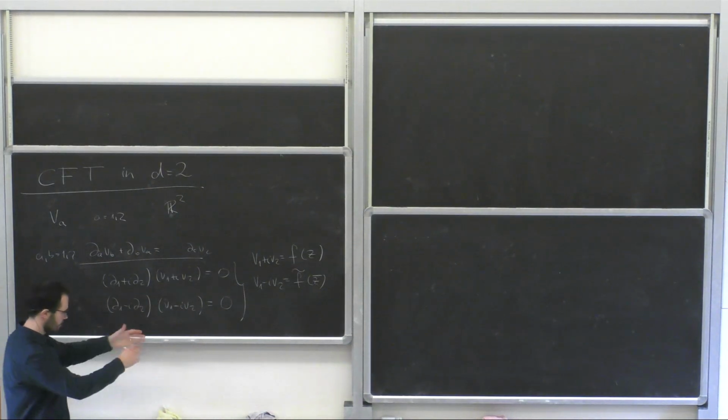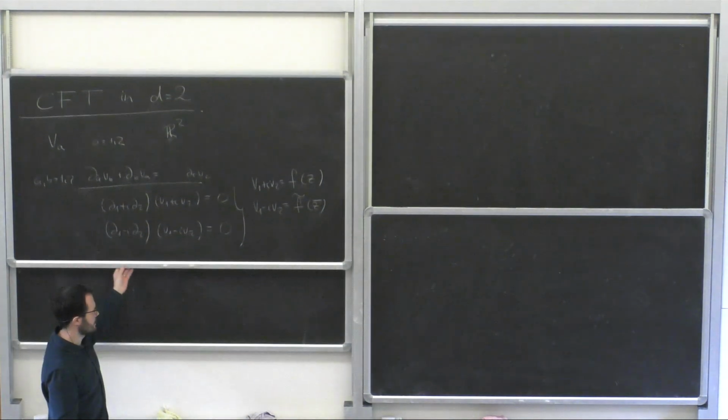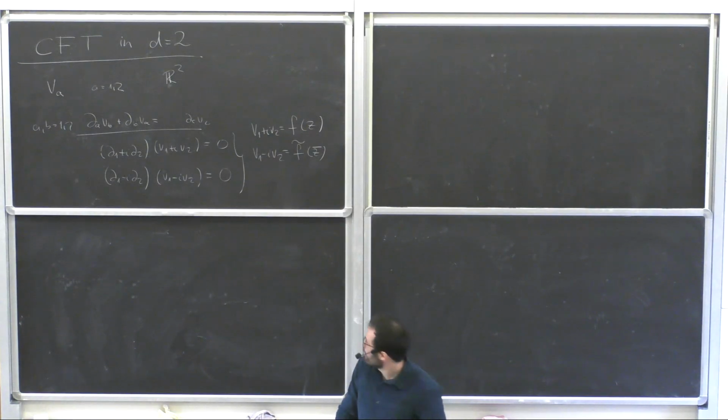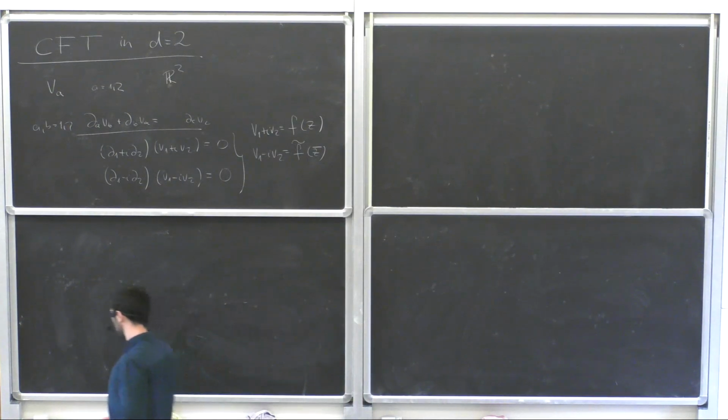But in general, if you work in the complexified Lie algebra, it doesn't have to be. Okay, and the point is that there are of course infinitely many holomorphic functions, because we can choose a basis where f of z is just an arbitrary power of z.